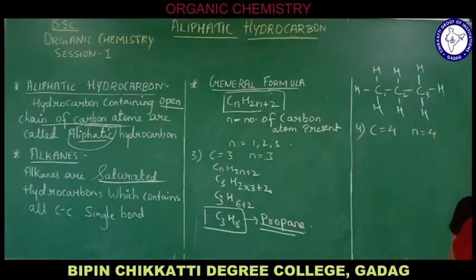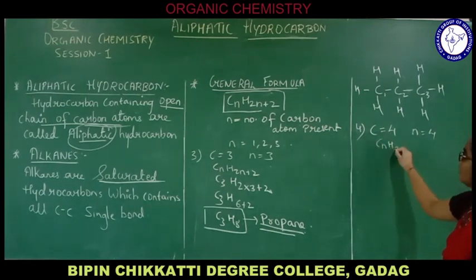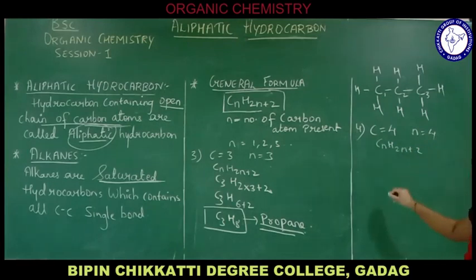It has the general formula CnH2n+2, so here n is 4. I substitute n with 4, and H is 2 times 4 plus 2. So this will be C4H, 2 fours are 8 plus 2, that means 10 in total.